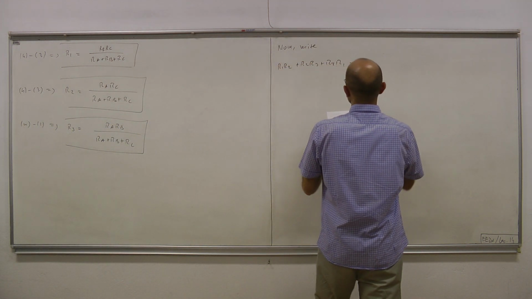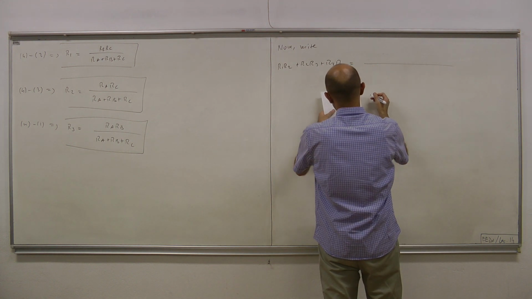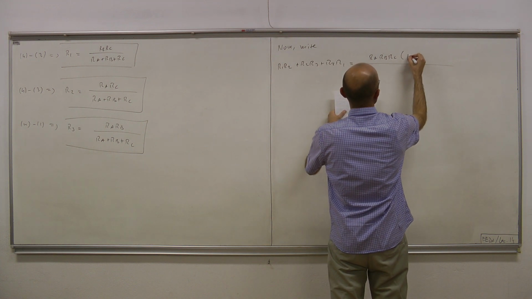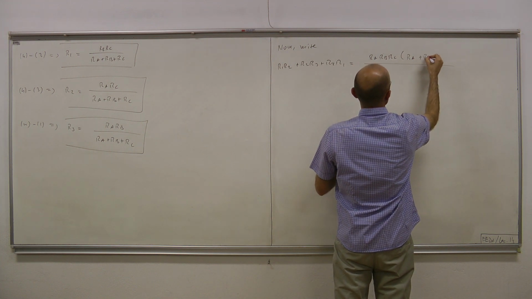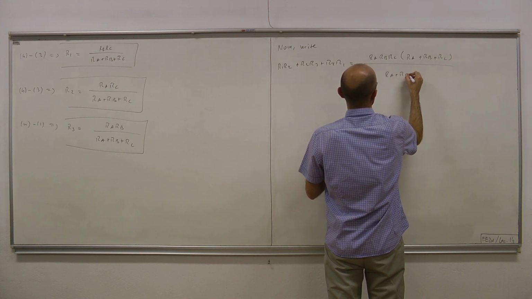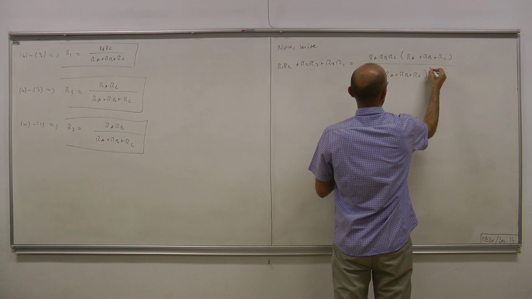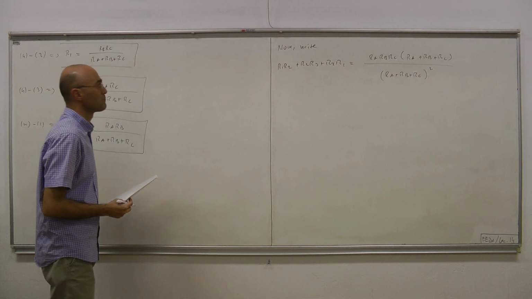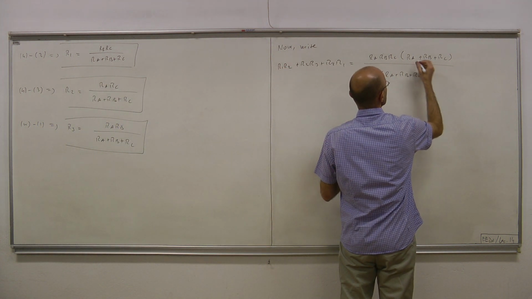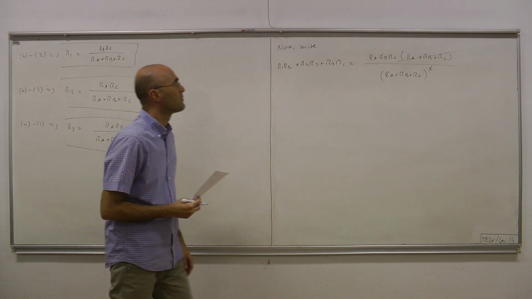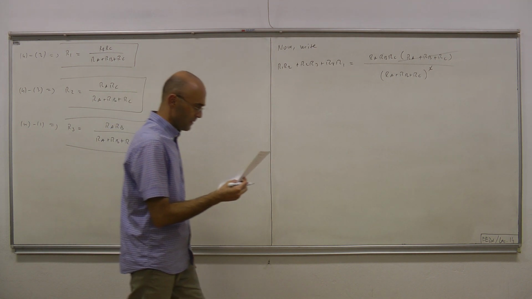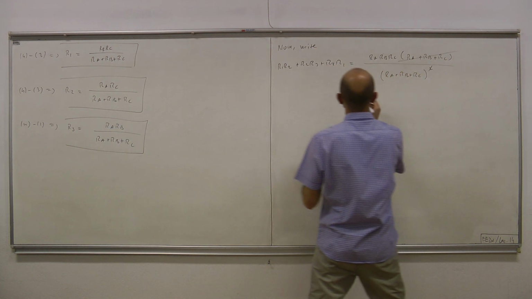And that gives us the following ratio: RA RB RC times RA plus RB plus RC, and here we have RA plus RB plus RC squared. And then one of these will cancel with that, and we have that relation.